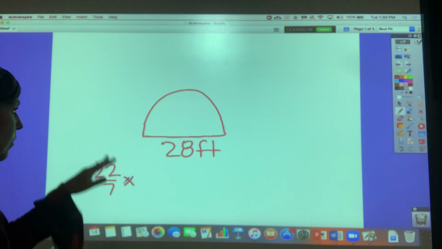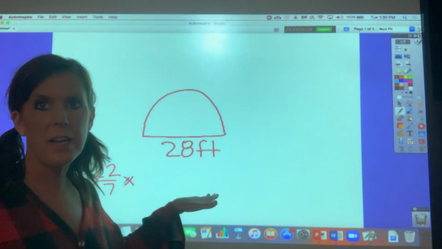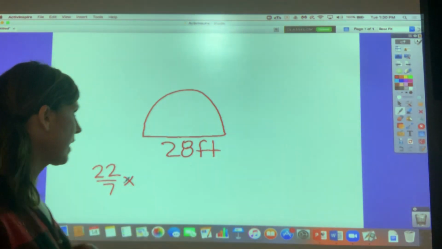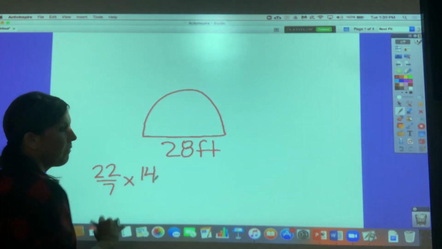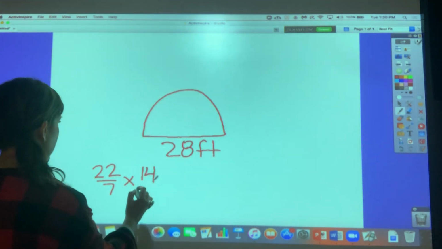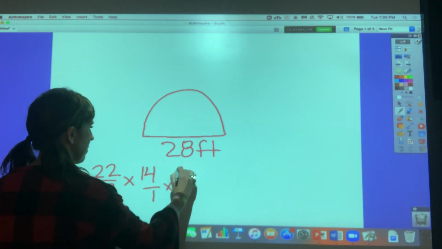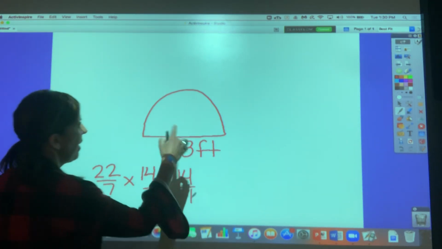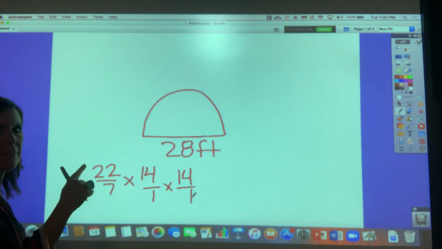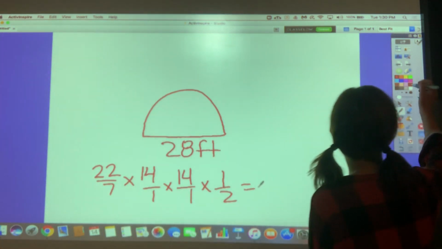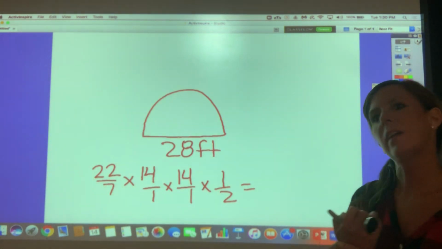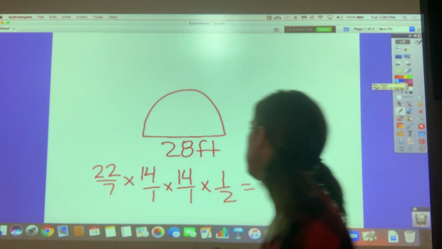First of all, we need to know the radius. If the diameter is 28, the radius has got to be 14. Since we probably don't know 14 times 14 from memory, let's write it out, 14 times 14. Then we only have half a circle, so we multiply by half down here. Just like last time, we're going to cancel everything we can cancel.